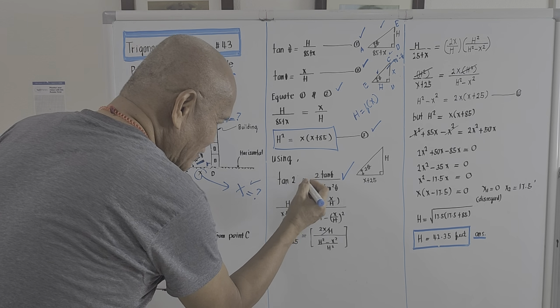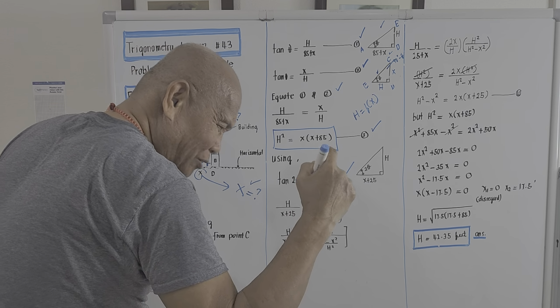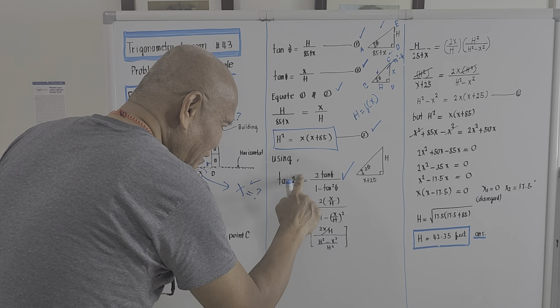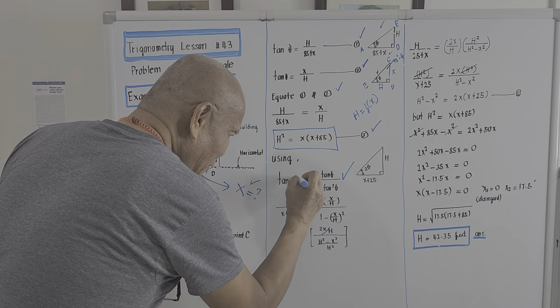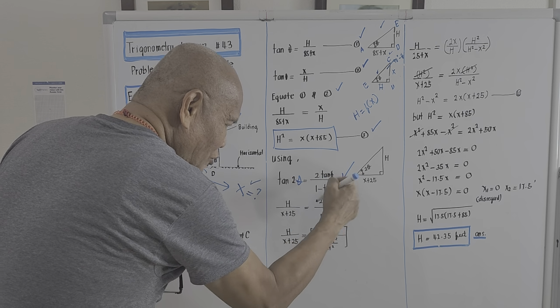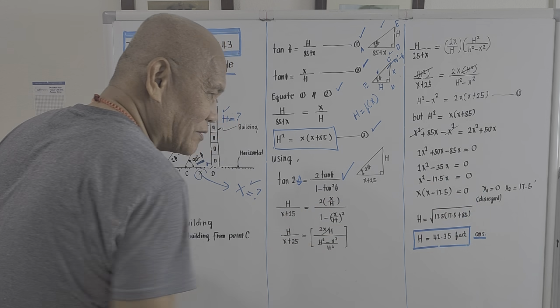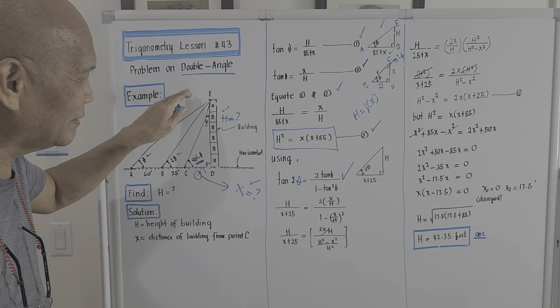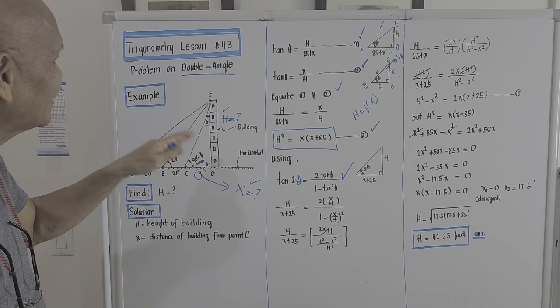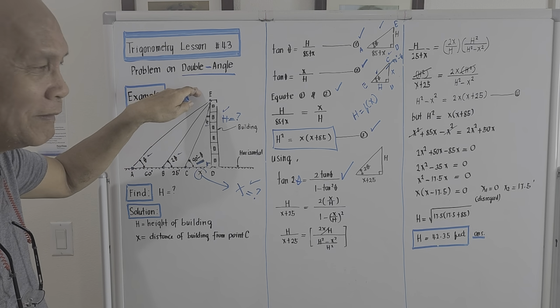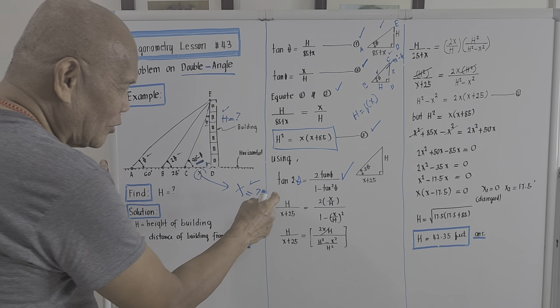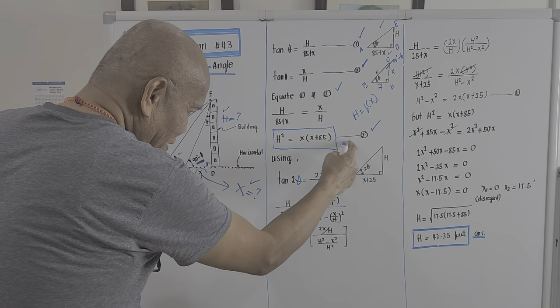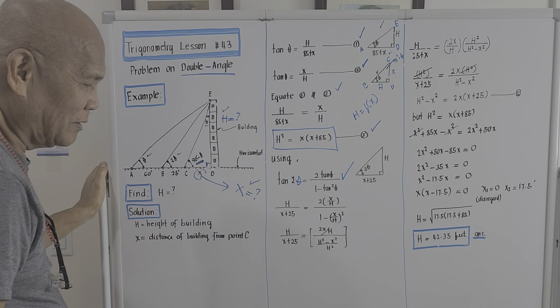I just presented this one as alpha, but you could place any angle you want, right? So if you use theta on the left hand side, theta will also be the angle on the right hand side. So by using this double angle identity, tangent of 2 theta will be 2 tangent over 1 minus tangent square of theta.